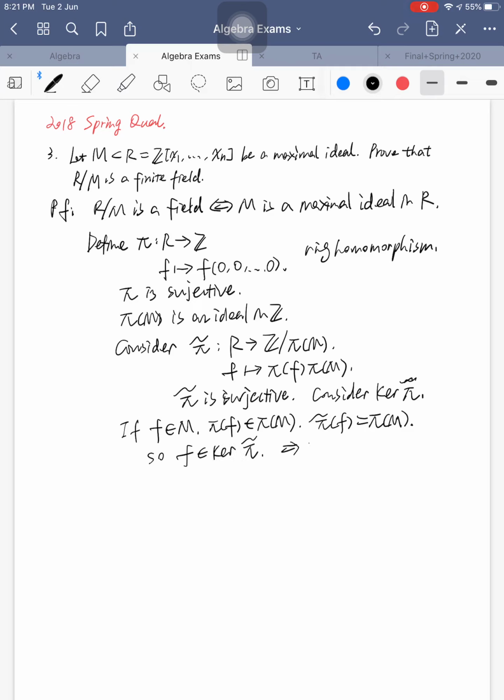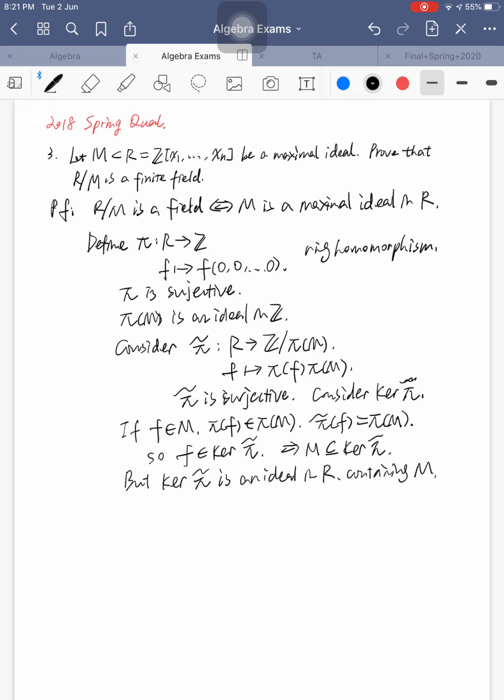So this tells us that M is a subset of the kernel of pi tilde. But notice that the kernel of pi tilde is an ideal in R, and it also contains M.